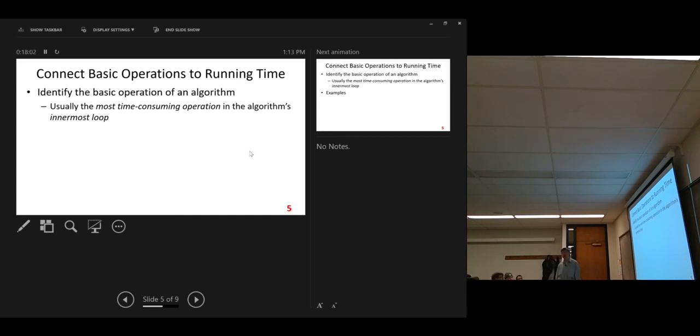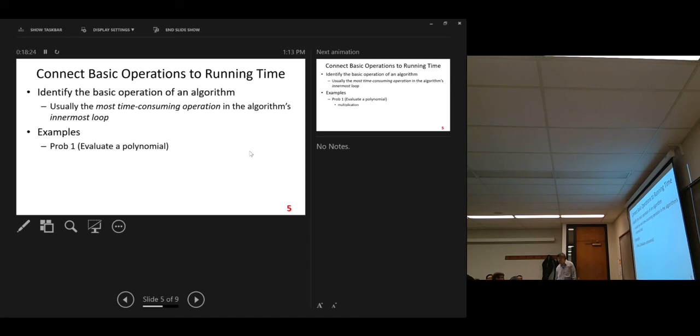Innermost means you need to use this operation most of the time, right? Most time-consuming. Based on that, you can find your basic operation in your algorithm.